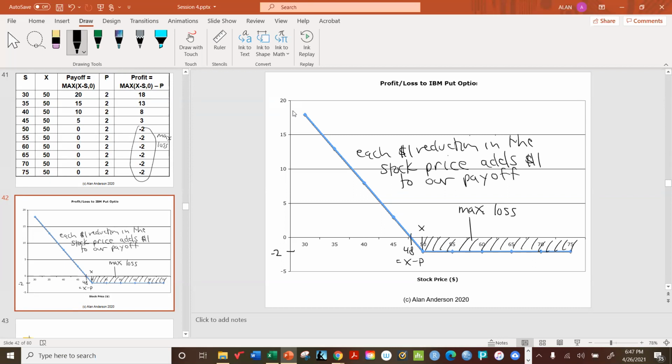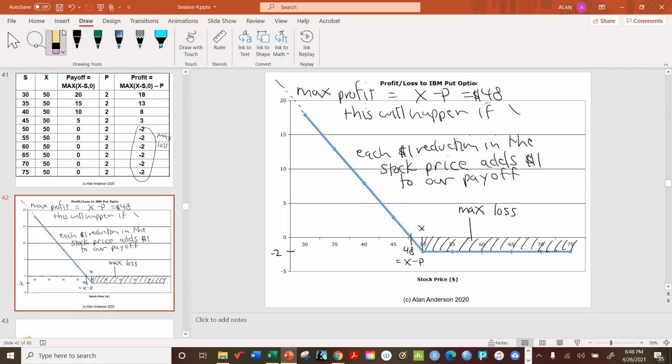Okay, but again, yes, there's a limit. So the maximum profit then, although you can't actually see it here, would be X minus P. So in other words, in this case, $48, because this will happen if P goes to zero.